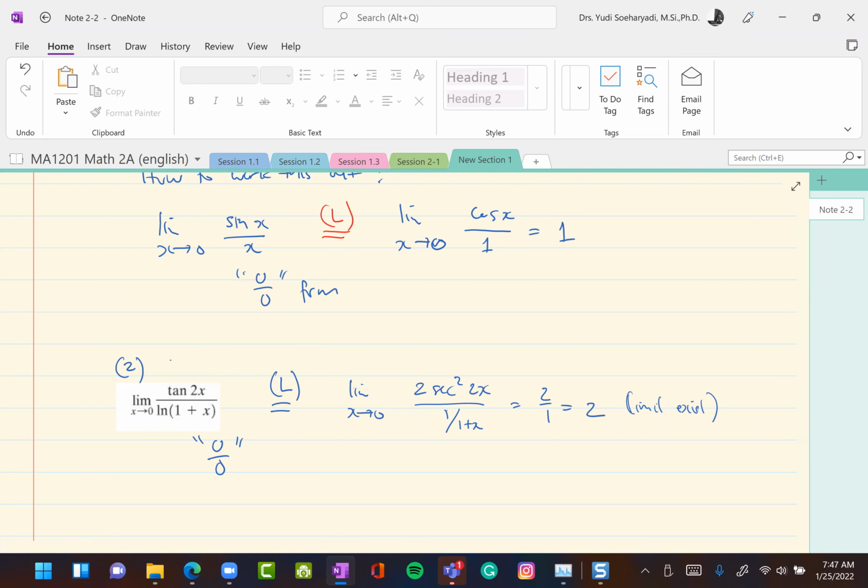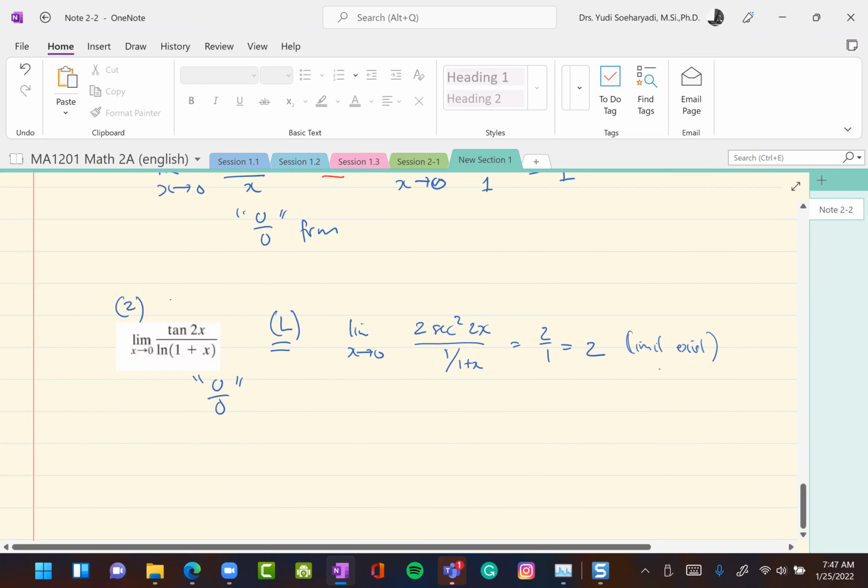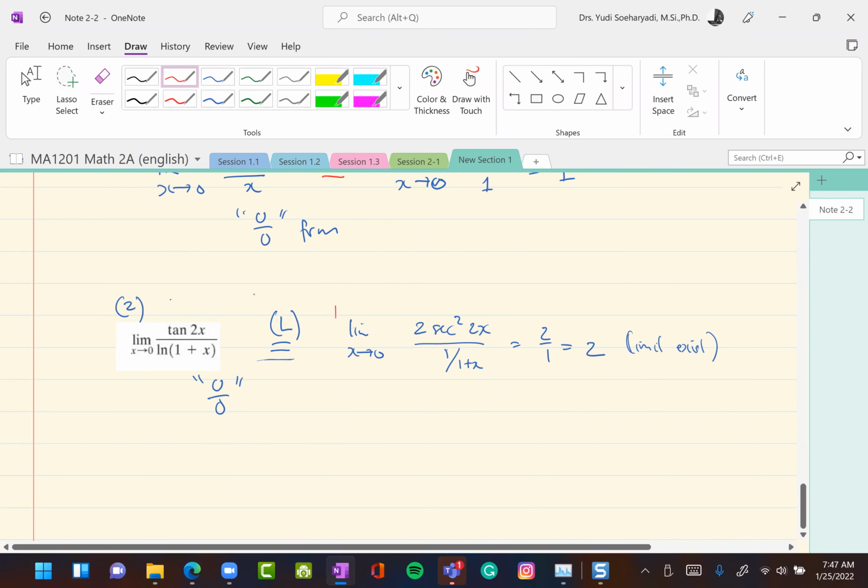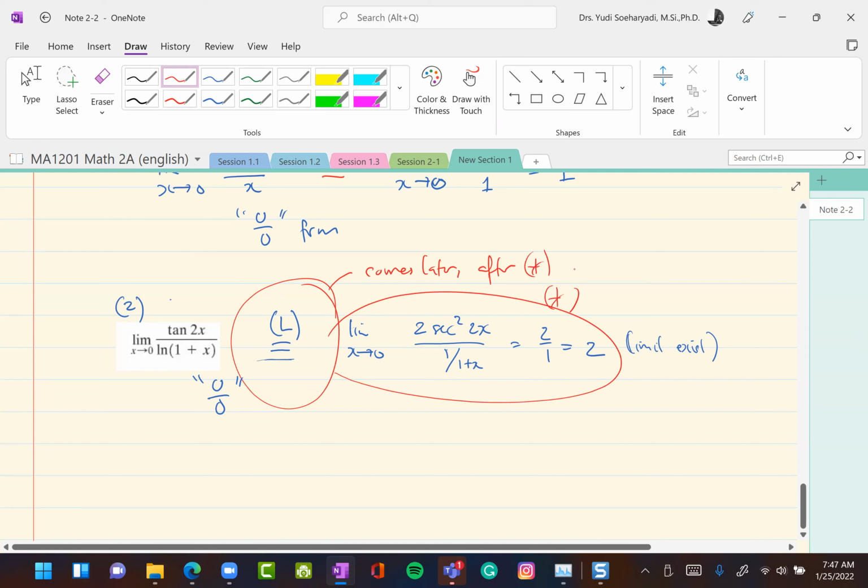Okay, so the logic is you compute this first, and then because the limit exists, this should be equal to this one. So this equality comes later, after you compute the limit.